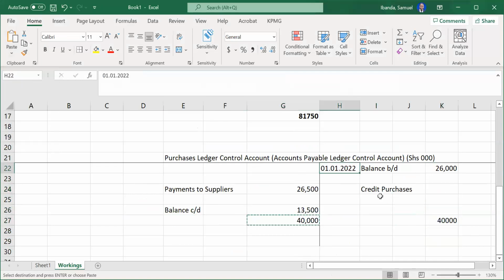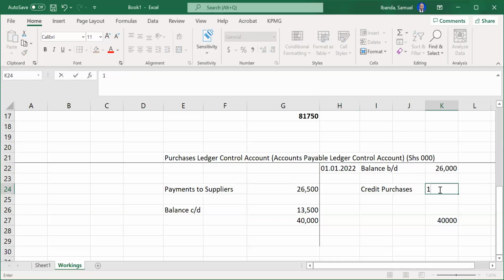So these balancing figures relate to credit purchases and credit sales from the previous ledger that we saw. 40 minus 26 gives us 14,000. I hope you get the same thing. So my credit purchases are 14,000.